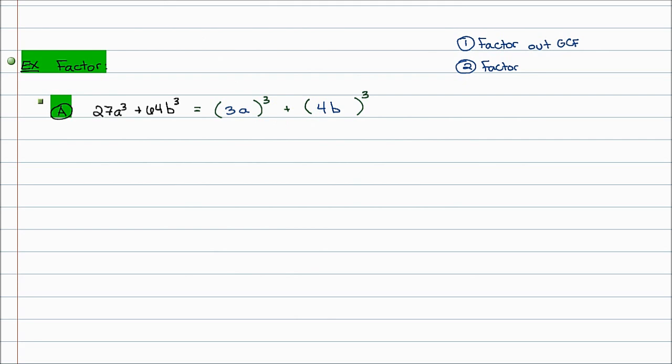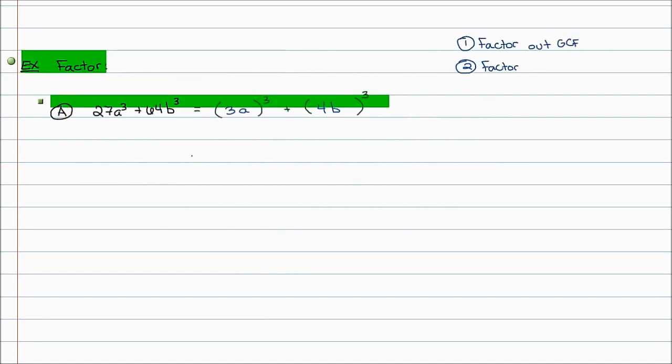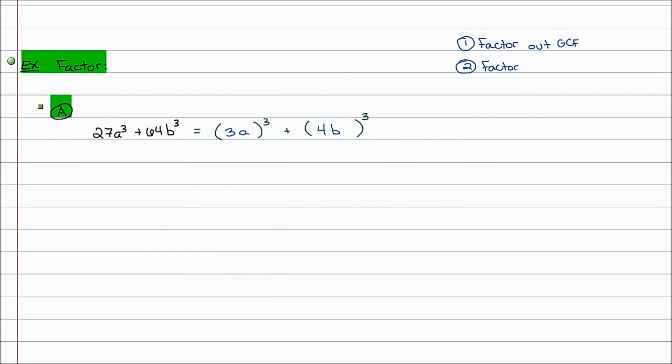So in terms of our theorem back here, what's playing the role of first in this case would be 3a. So that's our first object being cubed. And what's playing the role of L, the last object, would be 4b.